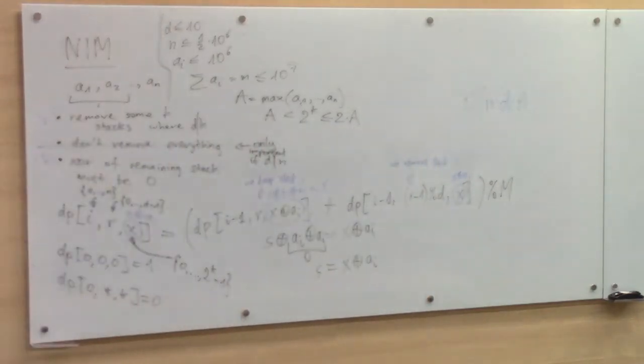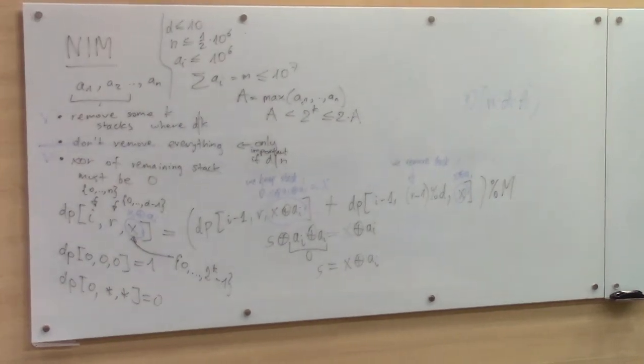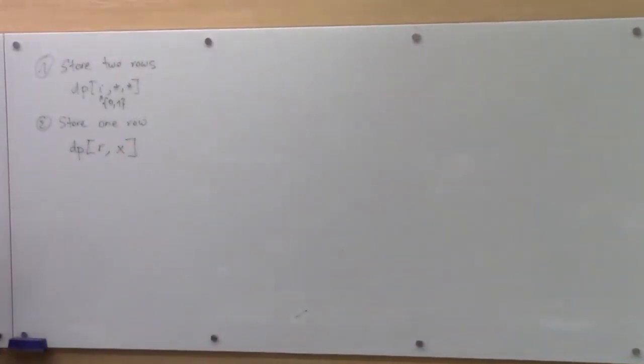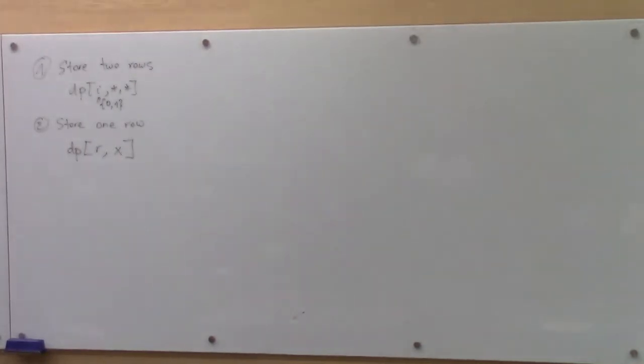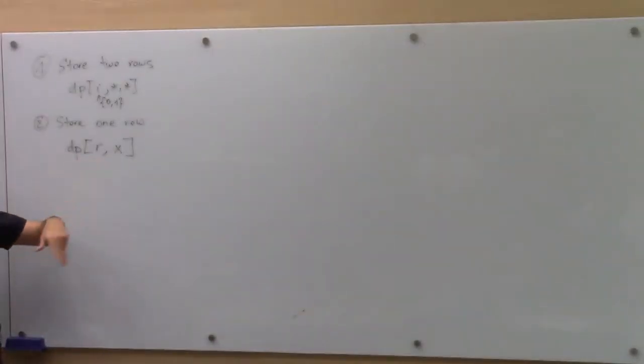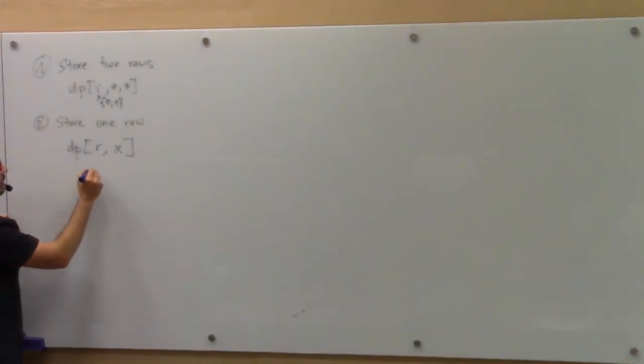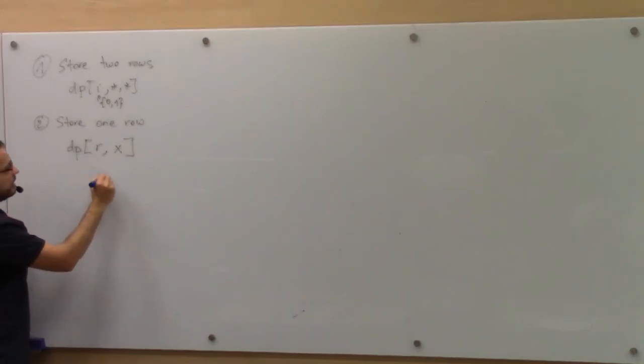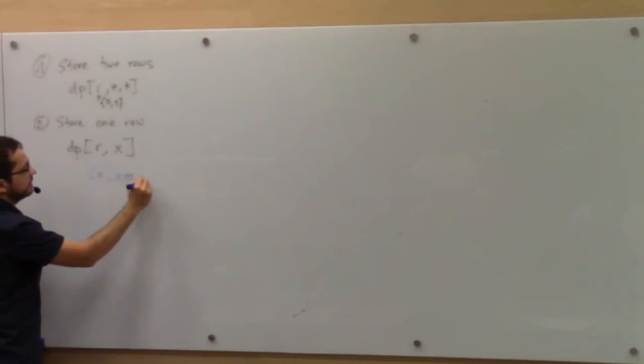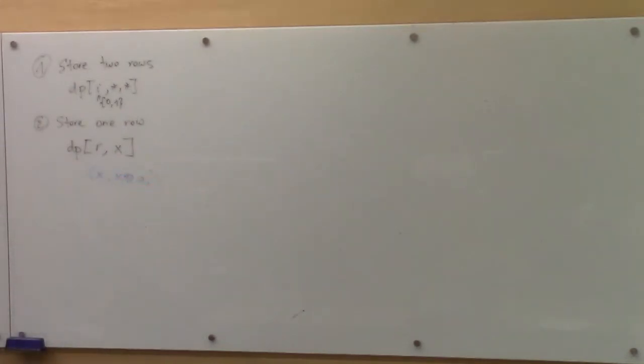So what we'll have here is only 1 row of dp, which depends on r and depends on x, and we will calculate this dp for the next row, calculating it separately for pairs of x and x plus ai.